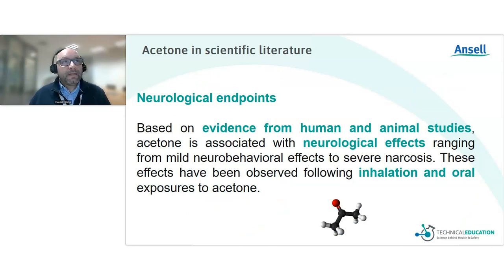The first one is the neurological endpoint. Based on some evidence from human and animal studies, acetone is associated with neurological effects ranging from mild neurobehavioral effects to severe necrosis. These effects have been observed following inhalation and oral exposure to acetone. So there is some effect on the neurological endpoint.